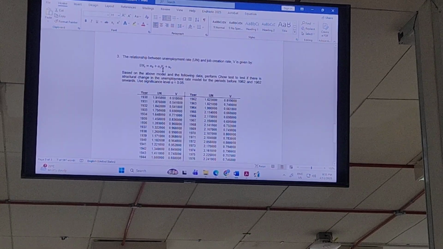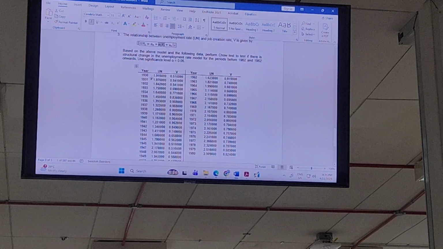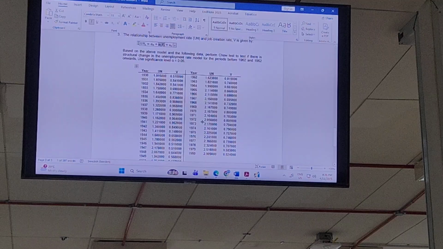So now we want to test whether it is safe to assume the effect of v on u_t is the same from the beginning of the data to the end for the whole period. Is the parameter stable or not?